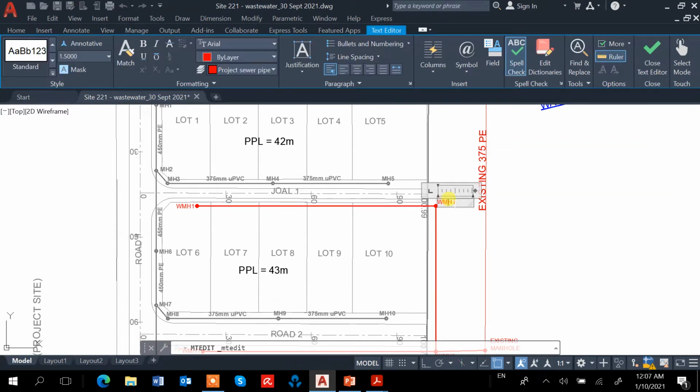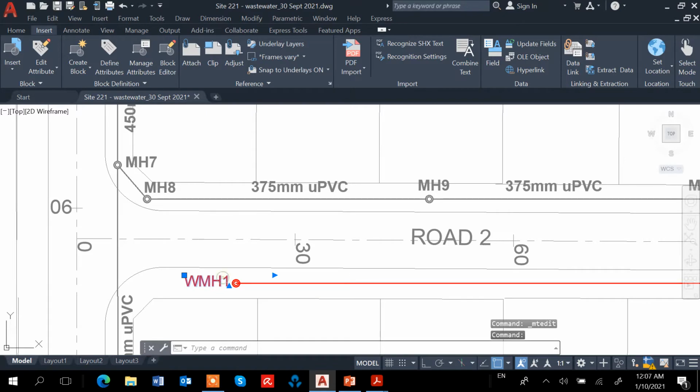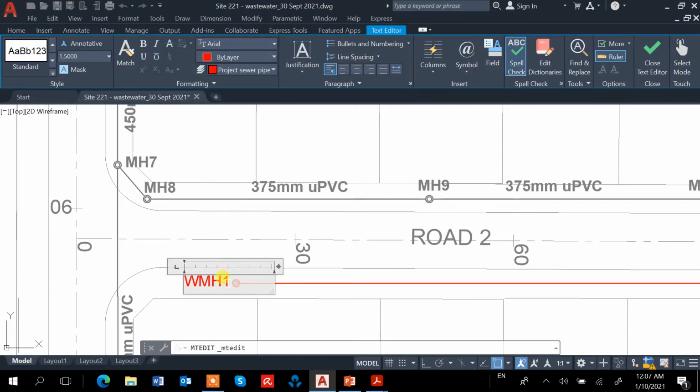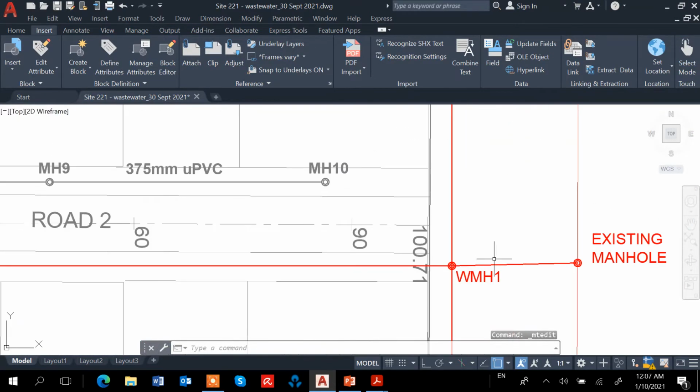from up to down. So this one is WMH2, and this one I put WMH3. And this one will be WMH4.